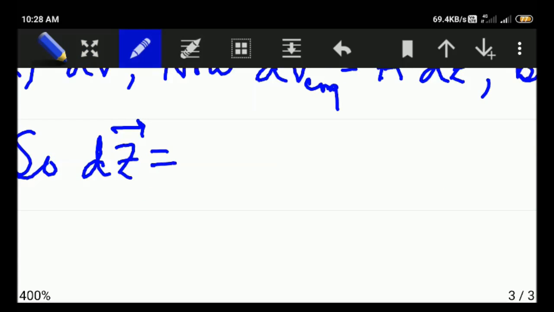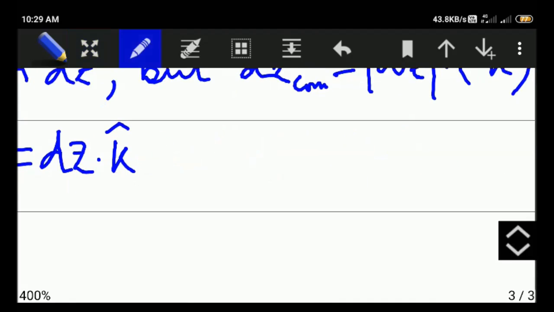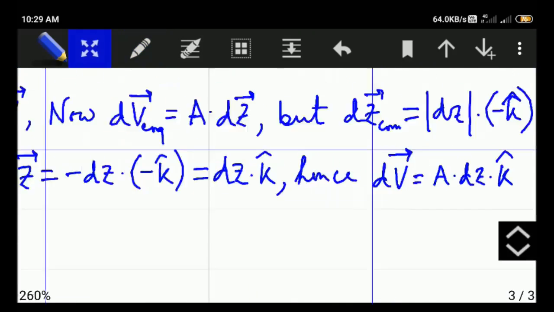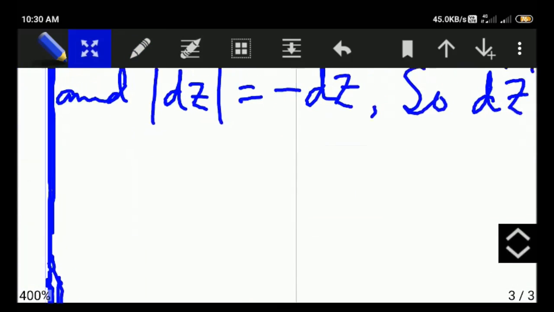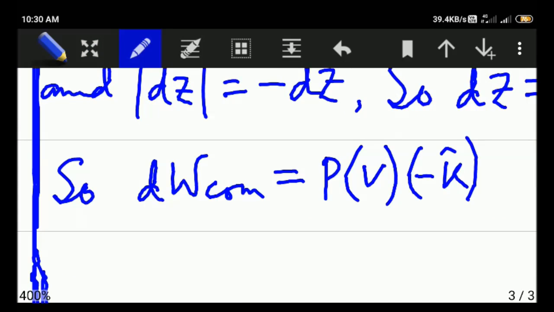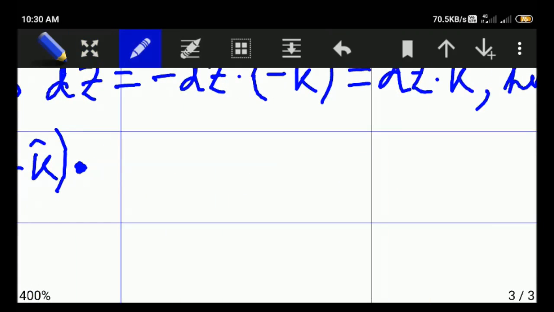So the incremental volume vector now becomes A into dz into k vector. So our dW compression now becomes P(V) minus k vector into dV into k vector, that is equal to minus P(V) into dV.